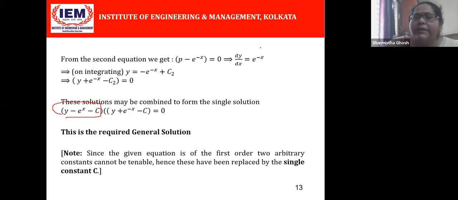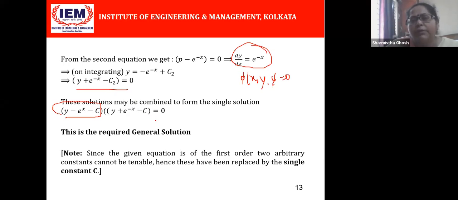So the solution contains y, x, and a constant of integration. This is what was written in our first slide also, that the solution is of the form of some function of x, y, and c. And the differential equation is a function of x, y, dy dx. If you understand this clearly, there should not be any confusion. For this higher degree equation, we are simply combining the solutions obtained from the first degree equations.